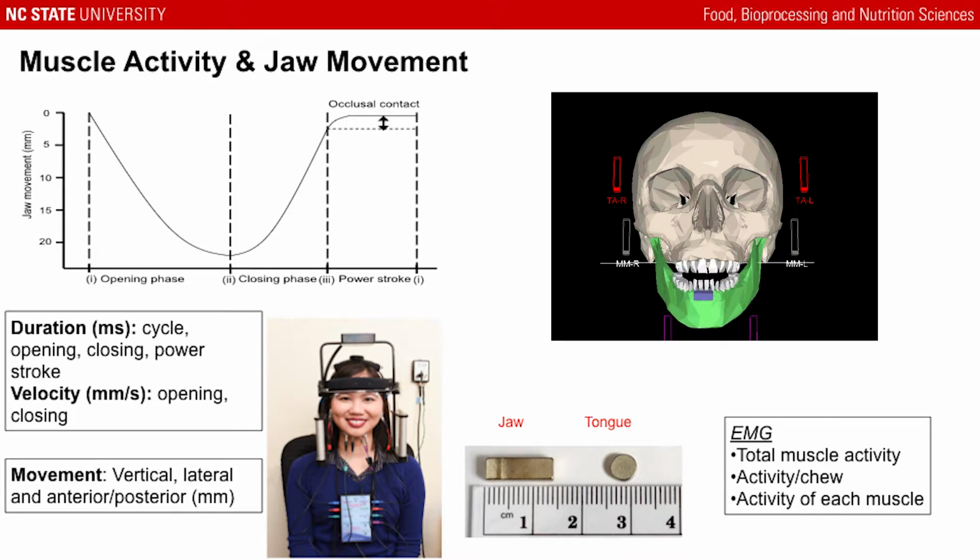There's the magnet going. So we can actually follow that whole pattern during chewing and get these types of activities and measurements. So we can ask the right question on what's going on.